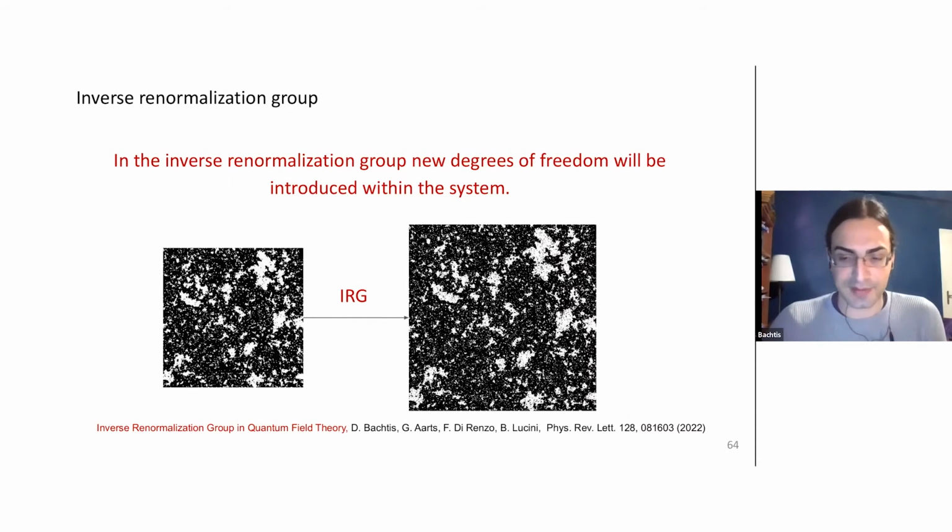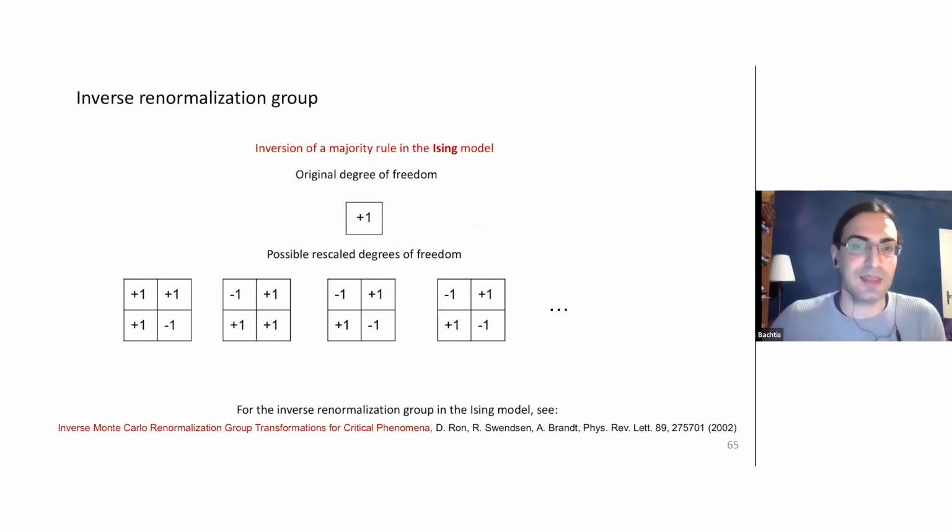So I want to first give you the intuition in the case of the Ising model. So let's assume that someone wants to invert the majority rule in the Ising model, and they have this original degree of freedom. Then all of these degrees of freedom that you see right here are possible solutions, because if you apply the majority rule in all of these cases, you are going to get your original degree of freedom.